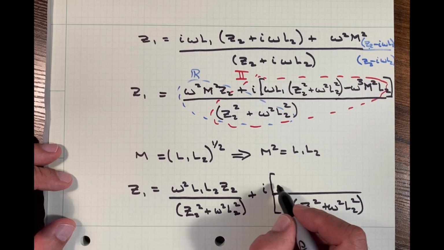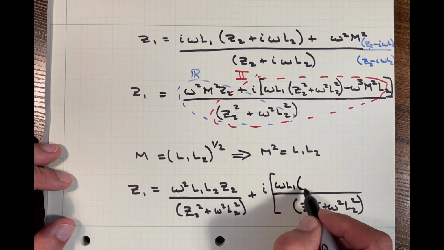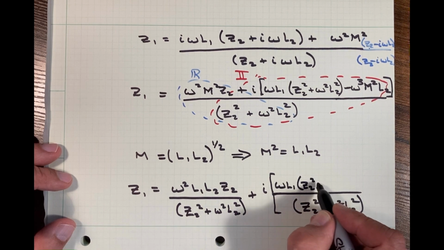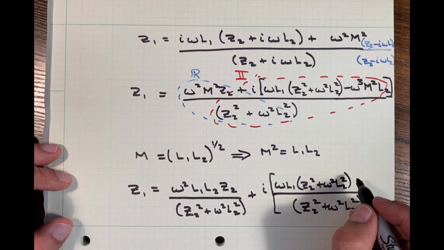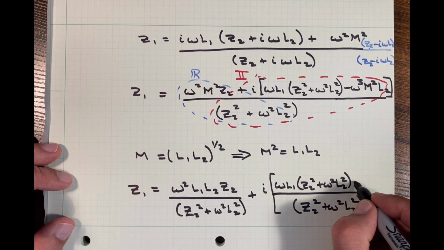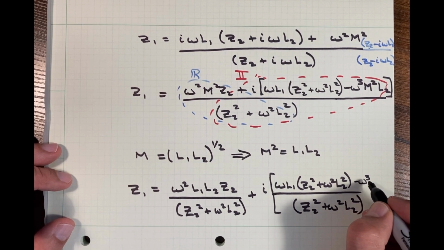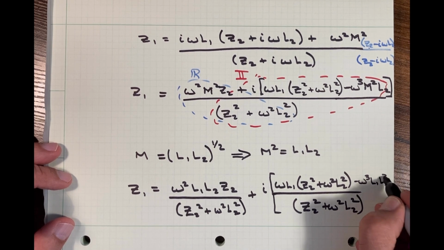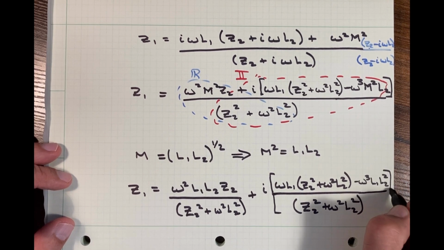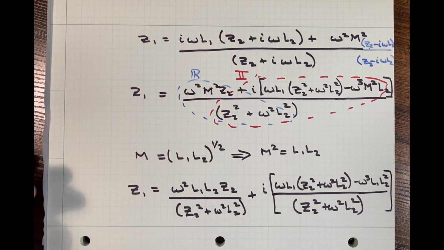And upstairs we have omega L1 times Z2 squared plus omega squared L2 squared, minus omega cubed L1 L2 squared. Great.